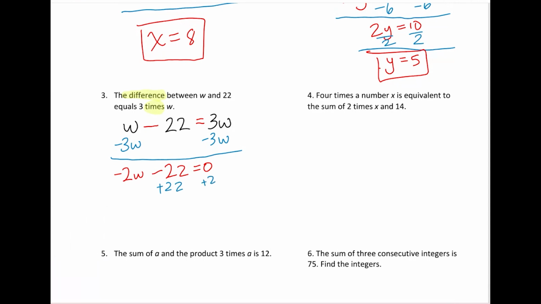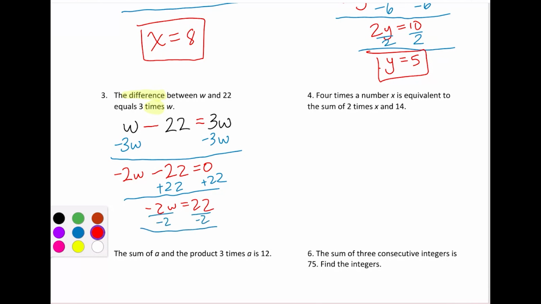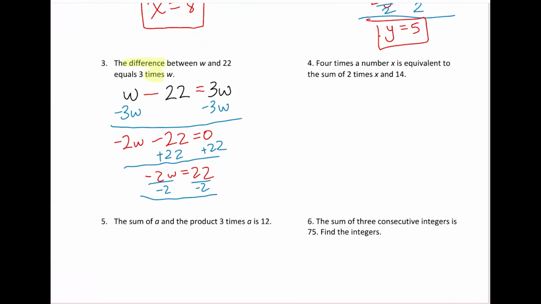After adding 22 to both sides, we're going to have negative 2w equals 22. And then finally, we want to divide both sides by negative 2 to get our final answer, w equals negative 11. And feel free to use your calculator on any of these problems. Anytime you're doing arithmetic, especially with negatives and fractions, definitely want to check in the calculator, make sure you're doing it right.